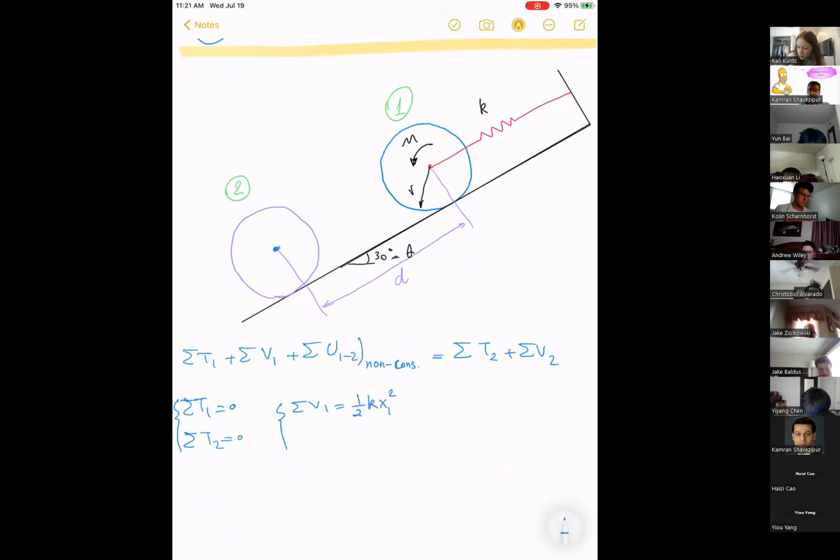How about gravitational potential energy? How do we find that? Andrew, how do we find gravitational potential energy at 1? It's the mg cosine of 30 degrees. How did you calculate that? Because it's on a slope, so it's cosine.